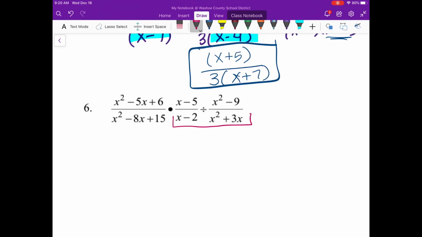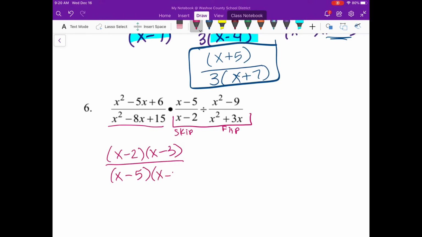We're going to factor. You can take care of this first, or just do it all at once. We know we're going to keep this the same because we're just multiplying, and then we're going to skip, flip, and multiply these. So when I factor the numerator here, I get the following, the denominator. Then again, I'm going to skip the first one, so the x minus 5 and the x minus 2 stay the same.